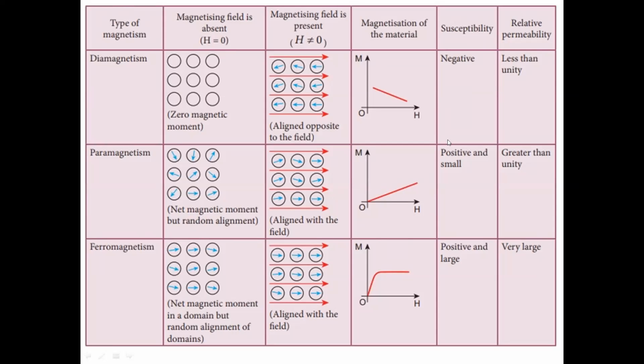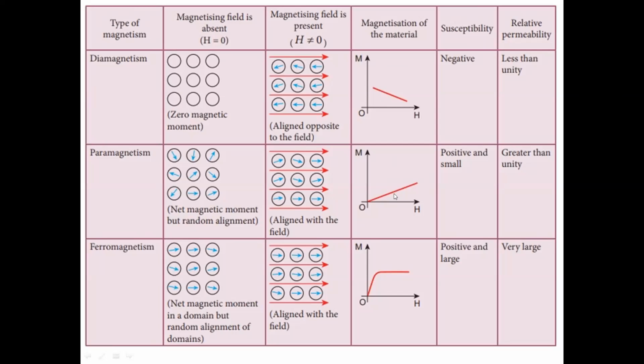Now, magnetism of material means the relationship between M and H. Here, this is the reverse manner because the orientation is reversed to the magnetic field, so the relationship is linear but in the opposite direction.